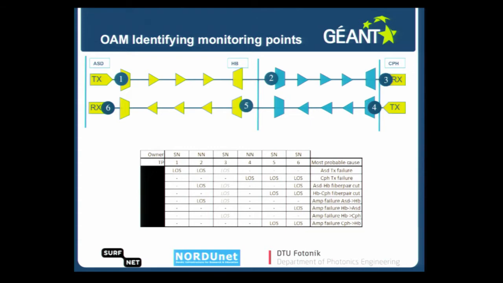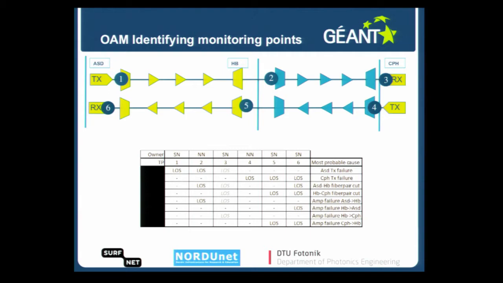And what did we do? We identified some monitoring points in the beginning as a startup point. You can do it much more advanced, and later on we will probably expand this. But seen from an operational point of view, this is the start point.